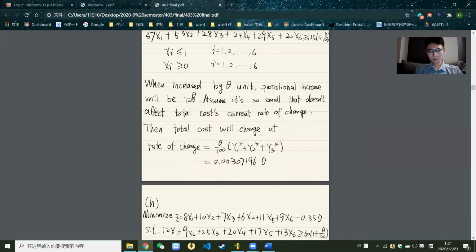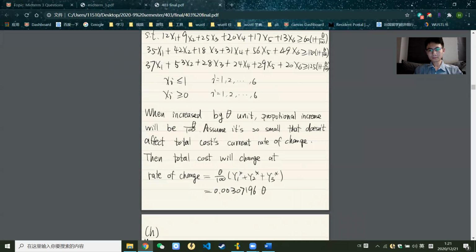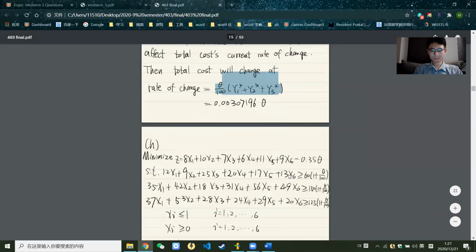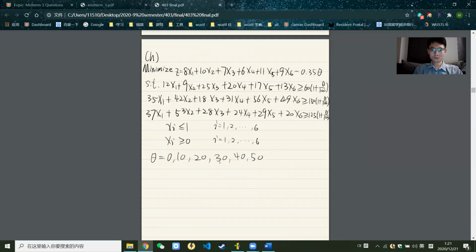And the rate of change is the sum of the shadow prices multiplied by the real change, which is the proportional change theta divided by 100, multiplied by the sum of the shadow prices. And then we test it out for theta equal to 0, 10, and all the way to 50.